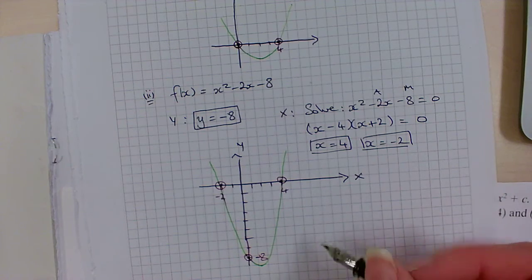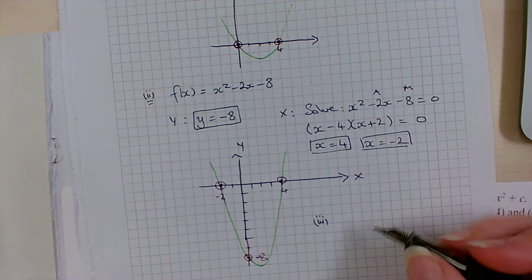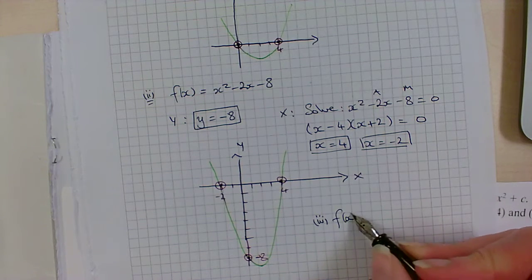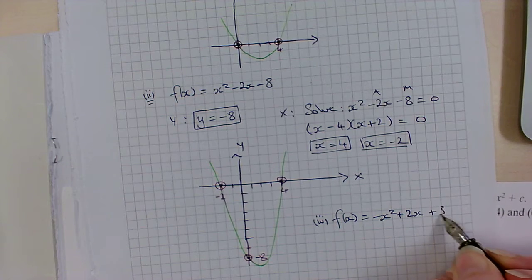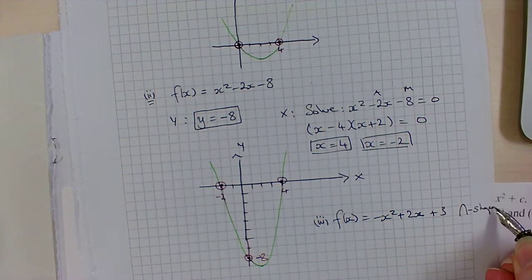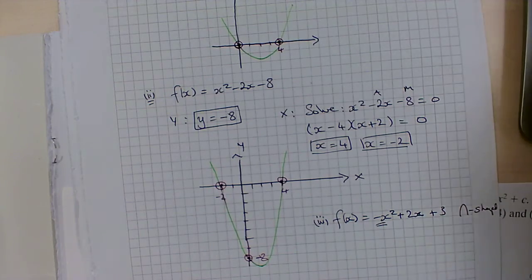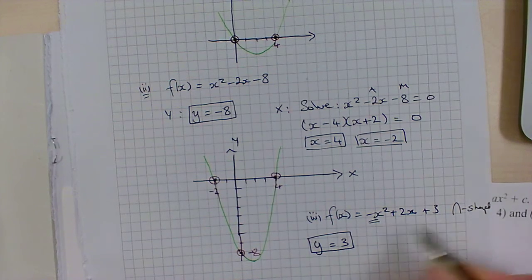Now the third one had f of x equal to minus x squared plus 2x plus 3. So this one is going to be n-shaped because of this minus here. Straight away I can write down the y-intercept though. y is equal to plus 3. So it's the constant that's there.